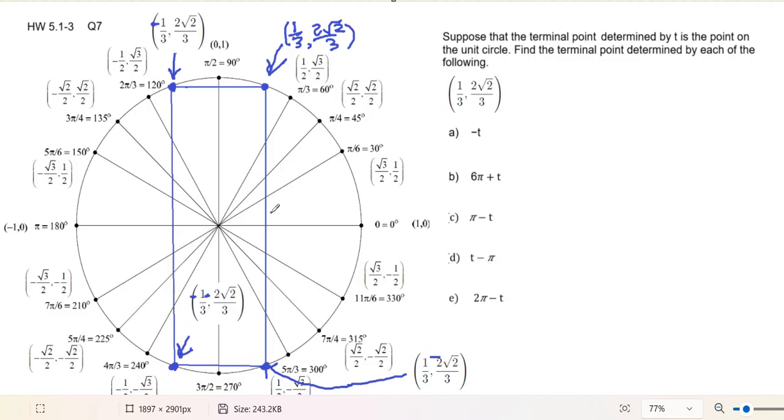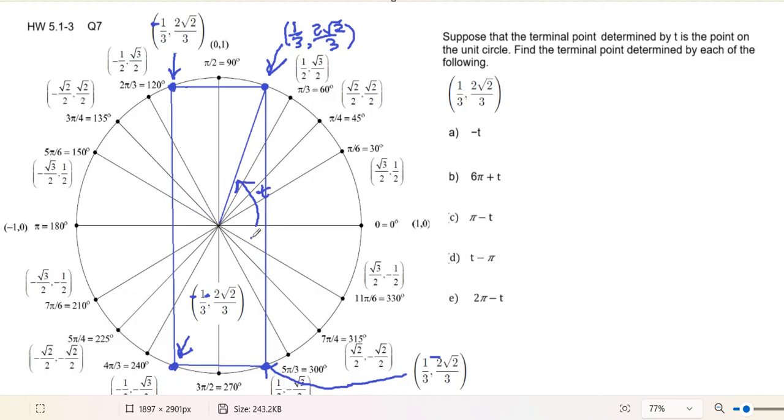Okay, so our angle t, the terminal point determined by t, is right there. That means that this angle t is right here, t radians. Then they ask us, what about negative t? Positive angles are counterclockwise, negative angles are clockwise.